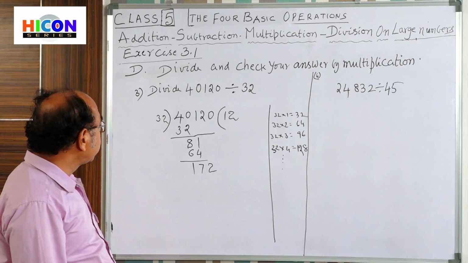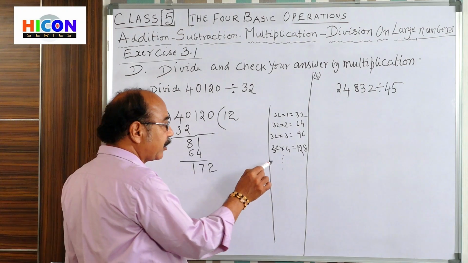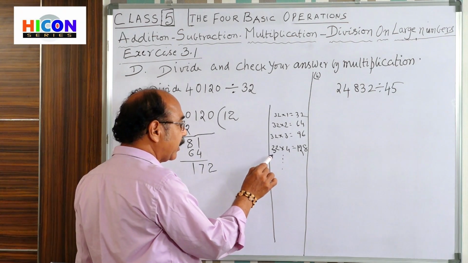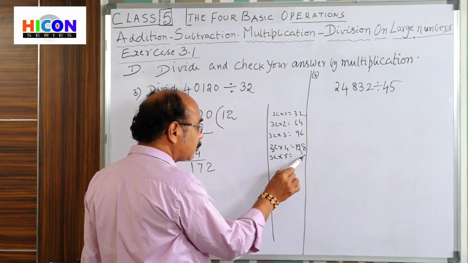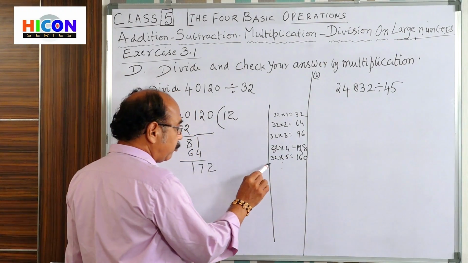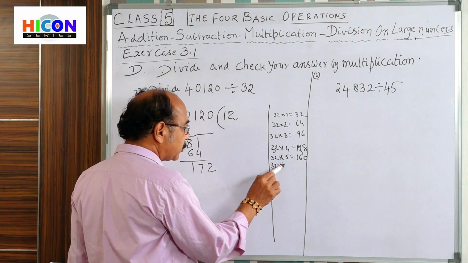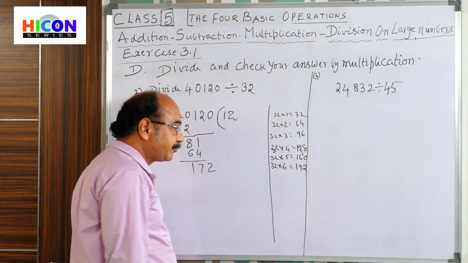If you continue this table here, 32 fives are 160. 32 sixes are 192.